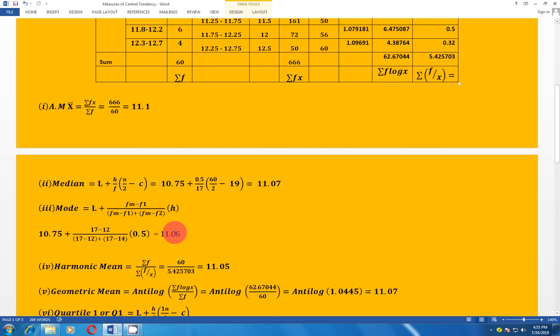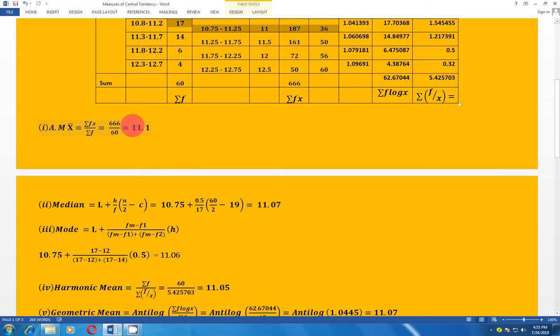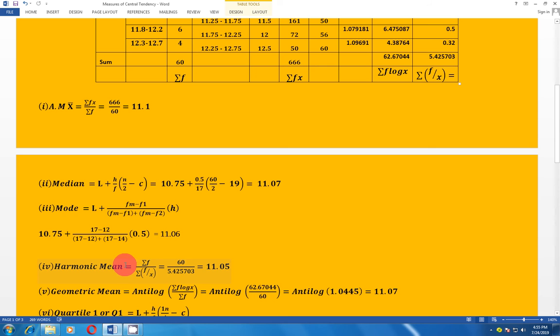So in arithmetic mean, the average is 11.1. In median, the average is 11.07. And in the case of mode, the average is 11.06. After that, the fourth average is harmonic mean, which is very easy to calculate. The formula is sum of f divided by sum of f divided by x.